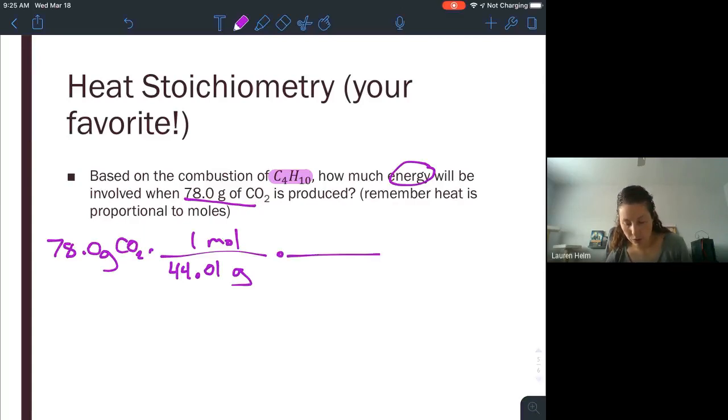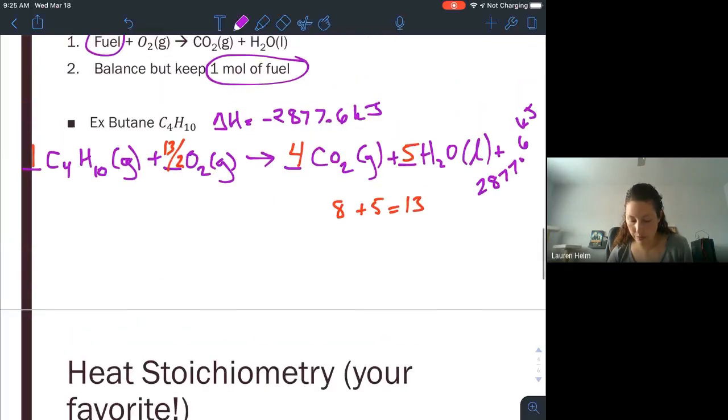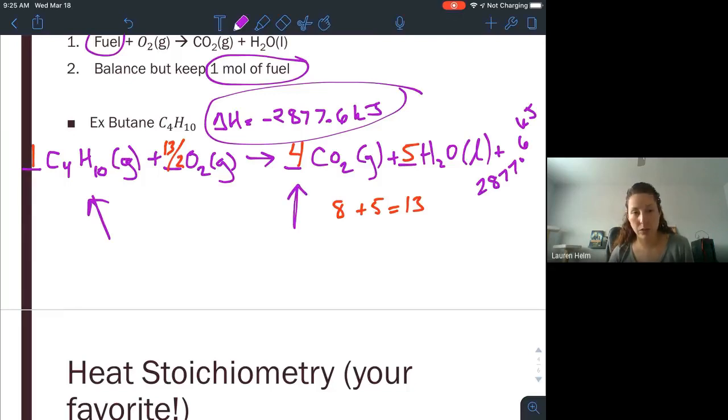Once we have moles, we want to change from moles to kilojoules. To do that, we are going to use our enthalpy. Now, our enthalpy is negative 2,877.6 kilojoules for every 1 mole of the butane. Well, for every 1 mole of the butane, there are 4 moles of CO2.